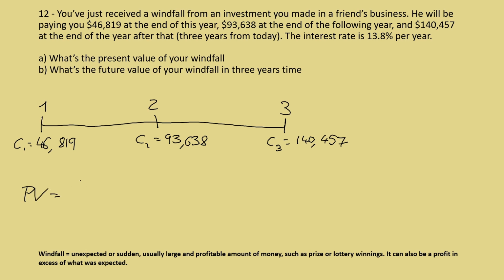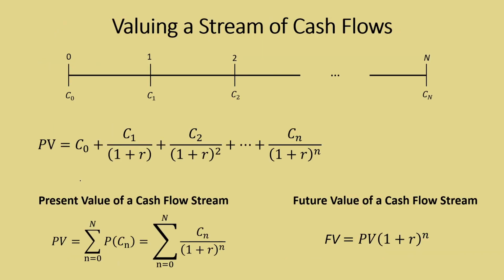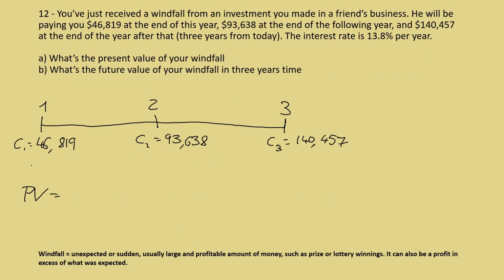Right, so we said the present value is equal to the sum of the cash flows discounted. So first, C1, so 46,819 discounted by 1 plus R. We know that R in decimal form is 0.138, and this is to the power of the period, which in this case is 1.